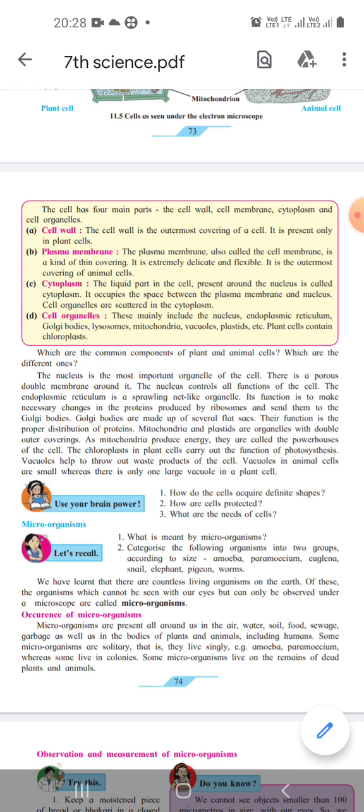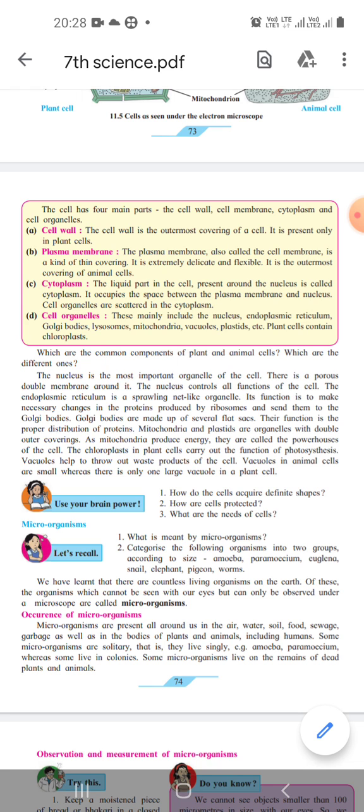And we had discussed the difference between them also. We had learned about the common components of plant and animal cells and the various functions of these cell organelles which are present inside the cell.